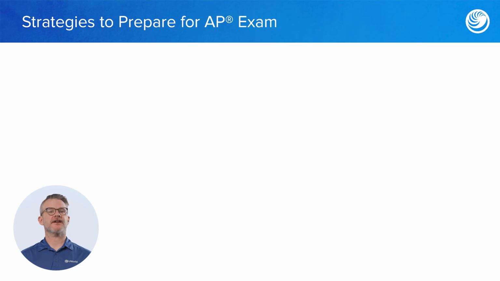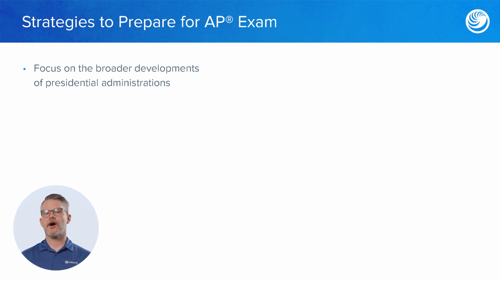When presidents are discussed, it's usually under the broader political, social, and economic developments associated with their administrations, such as FDR's New Deal or Reagan's economic policies. Additionally, today's APUSH exam places a greater emphasis on social and cultural history than the old fact-heavy version ever did.